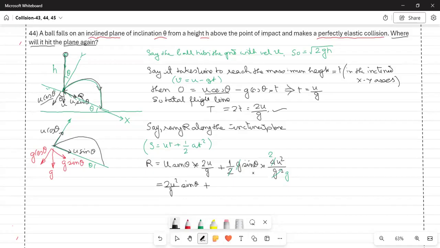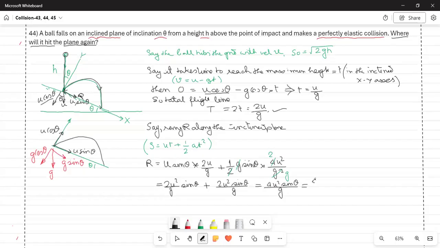So here also we have 2u square sin theta by g. Both are the same. So 4u square sin theta by g.